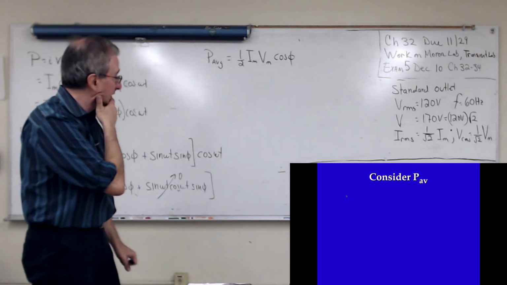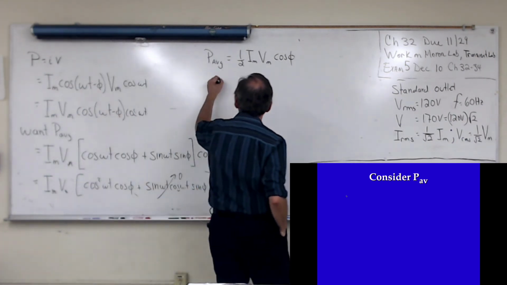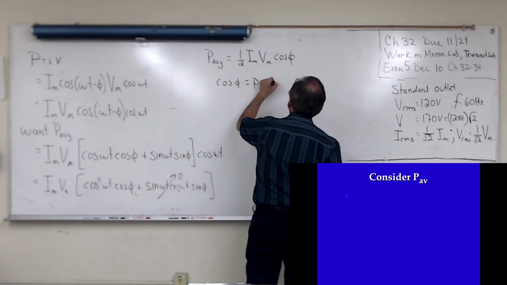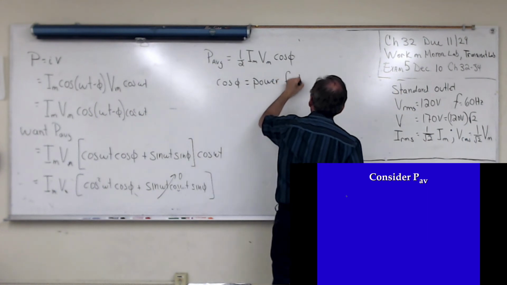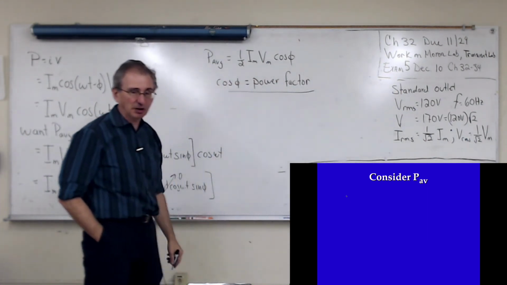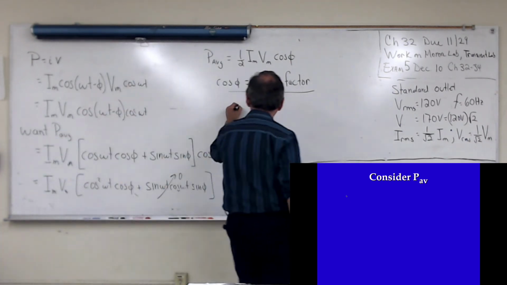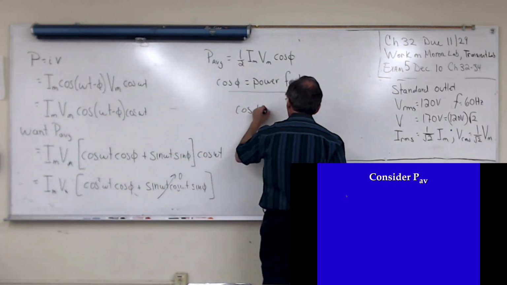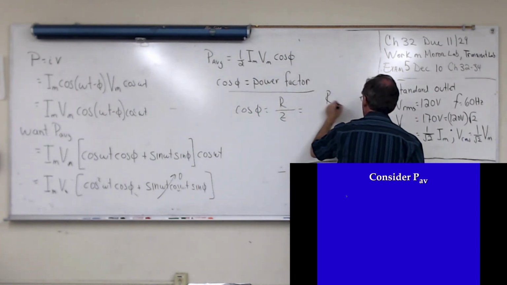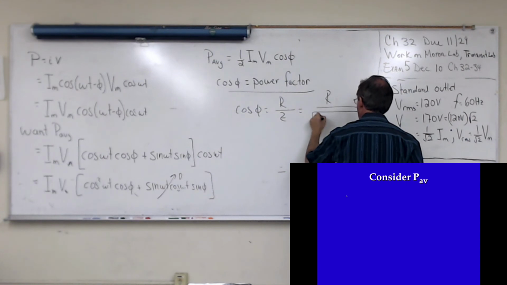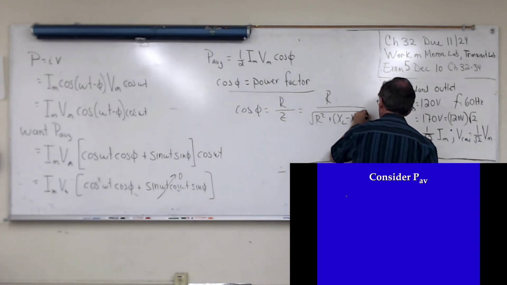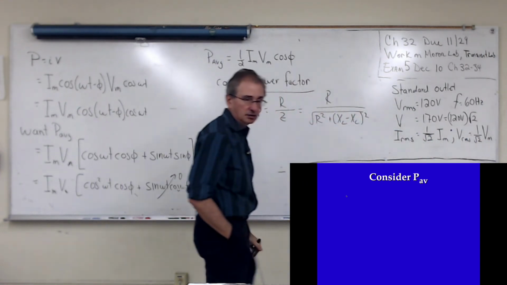That's P average. Cosine of phi is called the power factor. Please remember what that is. Everybody forgets what the power factor is. Cosine of phi is R over Z. Everybody forgets what that means.